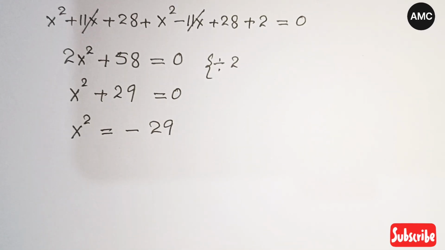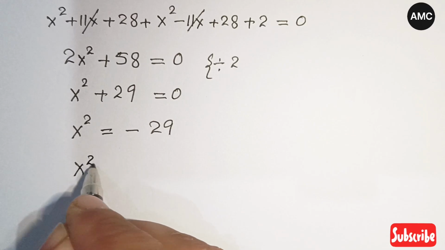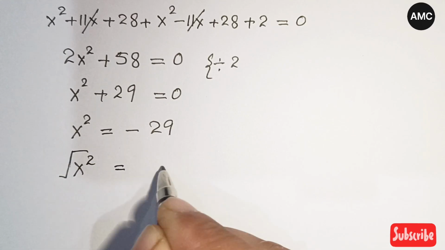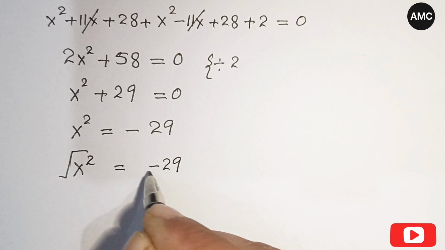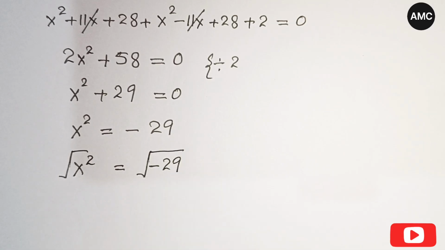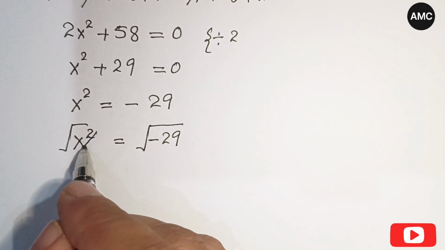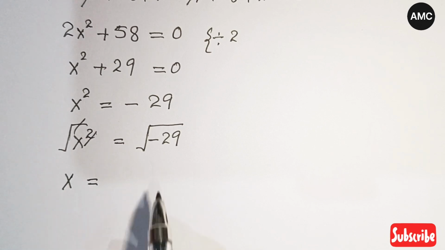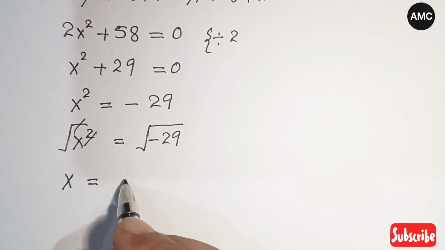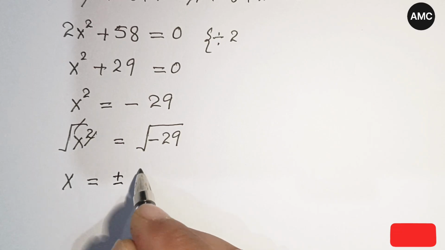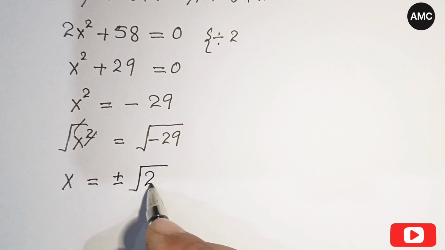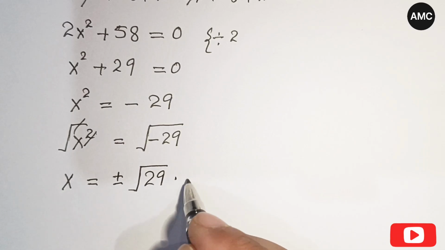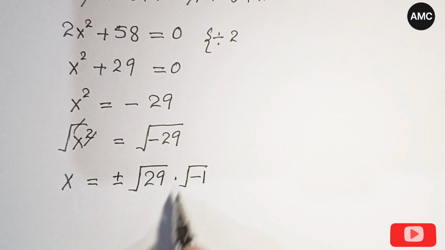Now if we take the square root on both sides, then we have the square root of minus 29. Here the square is cancelled out with the square root, and we get x is equal to plus minus square root of 29 times square root of minus 1.